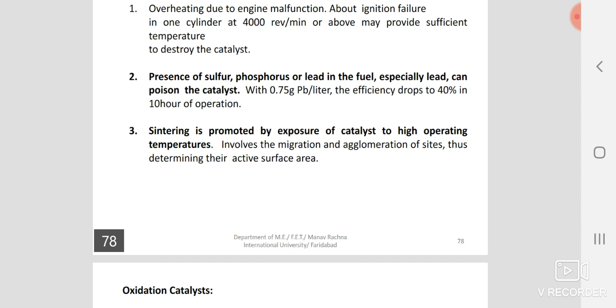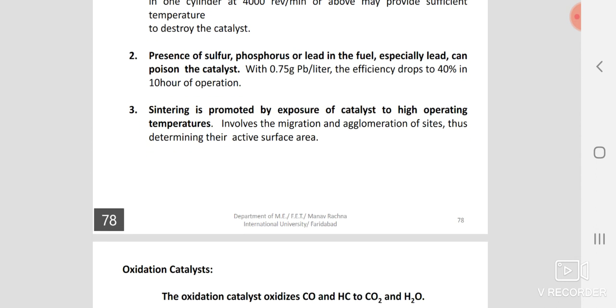That means if you drive the car for a very long time, say 10 hours continuously, the exhaust will give more pollutants. There is a limit up to which you can drive continuously. If you drive continuously for longer hours without giving rest to the engine, and the fuel has lots of lead in it, the performance of the catalyst decreases severely.